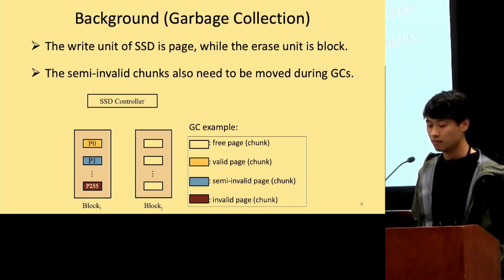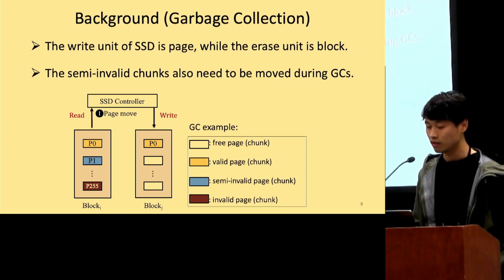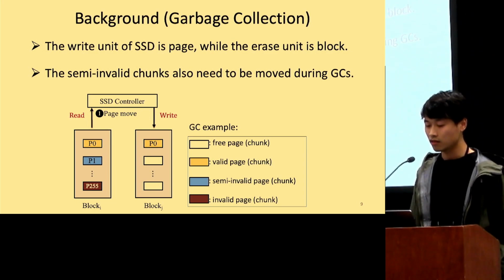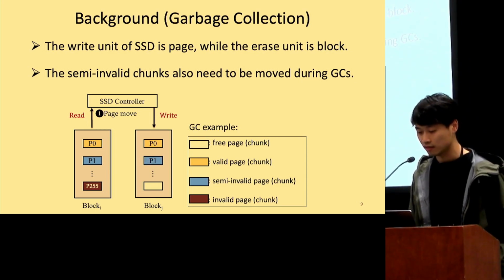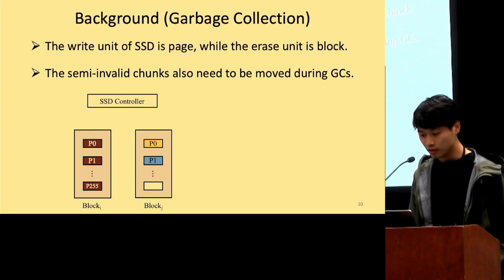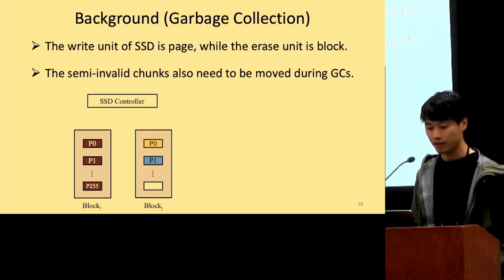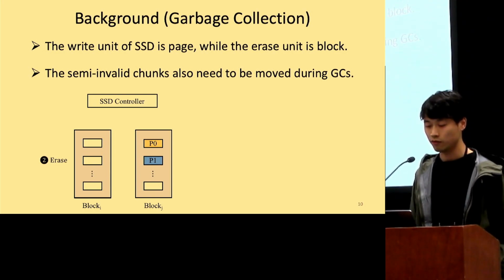In this example, P0 should be moved to the free page in block J. It is first read to the SSD controller and then written to block J. In the context of semi-invalid data, they also should be moved during garbage collection, for example, P1 in this example. Finally, the block can be erased for reclaiming the free pages.